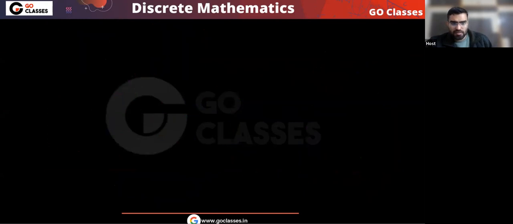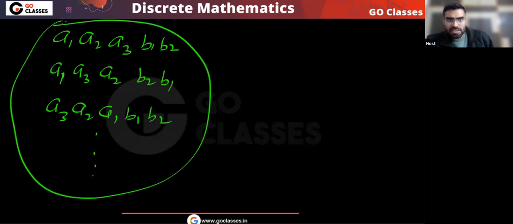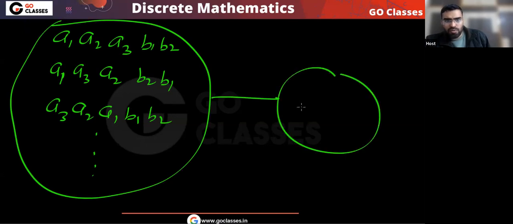But you can notice one thing, that all of these will map to this: A1, A2, A3, B1, B2; A1, A3, A2, B2, B1; A3, A2, A1, B1, B2. Can you notice like this? All of these will map to one arrangement, A A A B B. Yes or no? All of them will map to this.